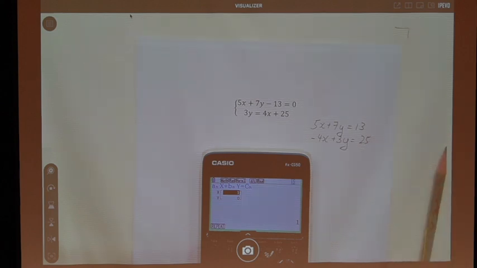You have to align the x and y and then equals a constant.